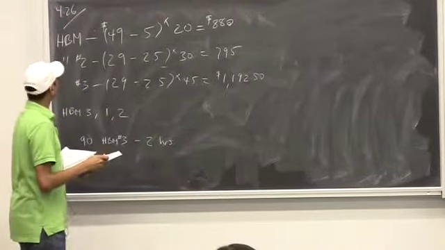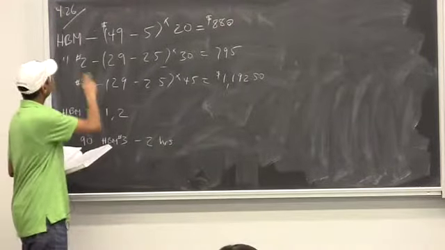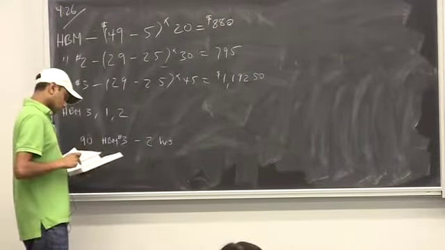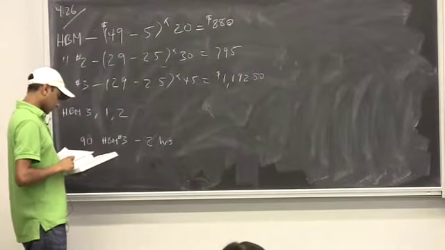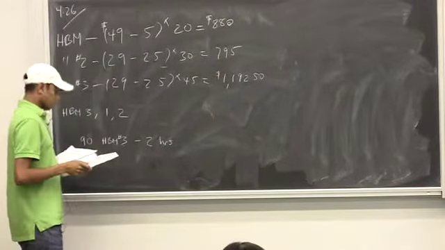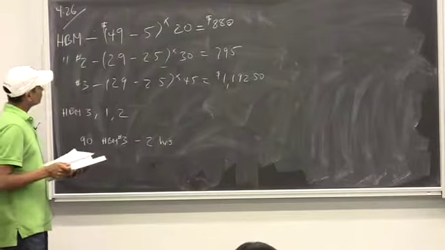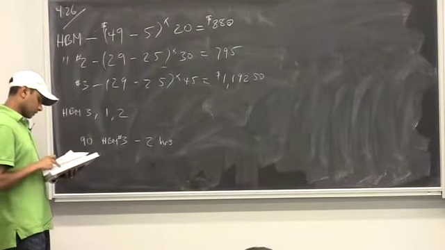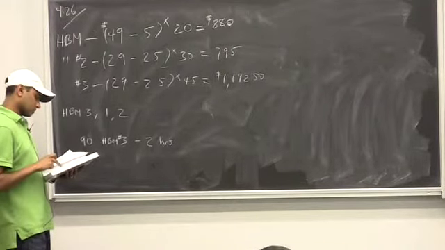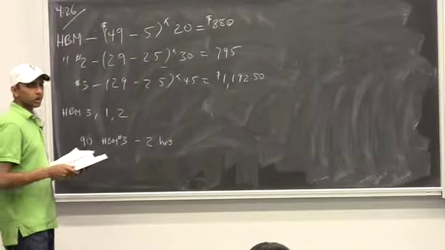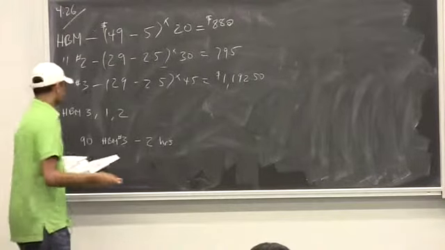Then the next profitable DVD would be number 1. Number 1 has a daily demand of 120. So if you do 120, and how many do they produce in an hour? 20. So obviously it takes 6 hours, right?